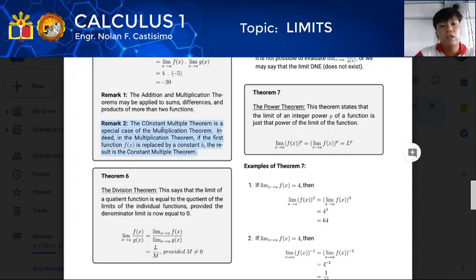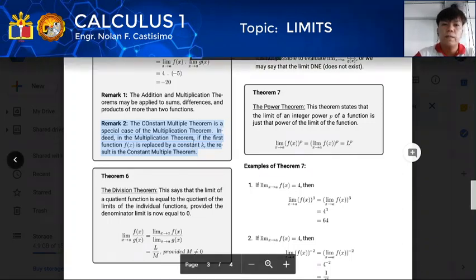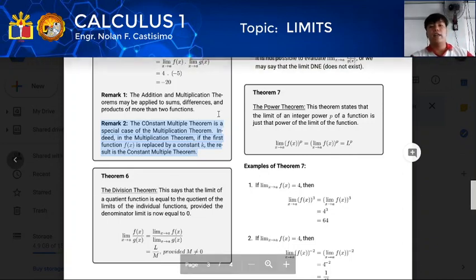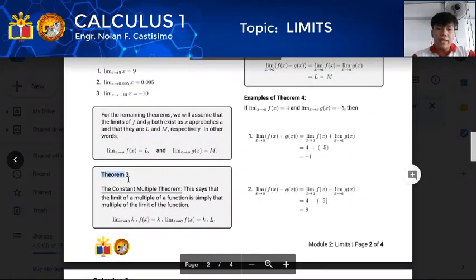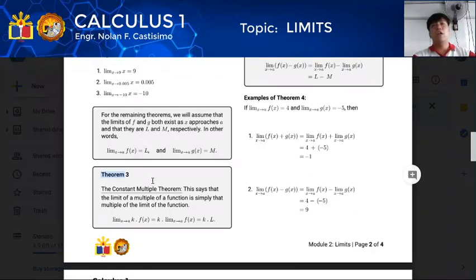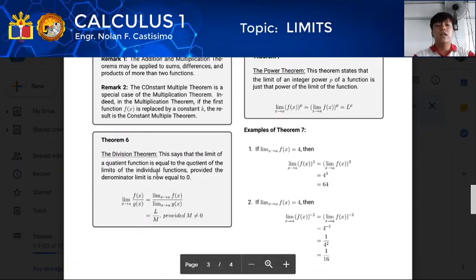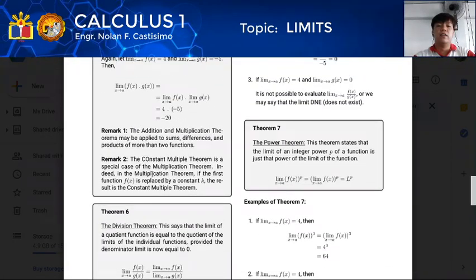Sabi niya, constant multiple theorem is a special case for multiplication theorem. So, ano yung constant multiple theorem natin? Yun yung Theorem 3. So, paano tayo magbibigay ng example niyan?